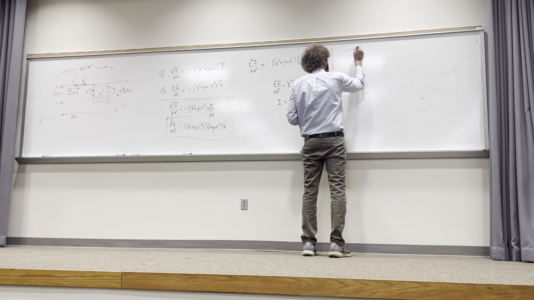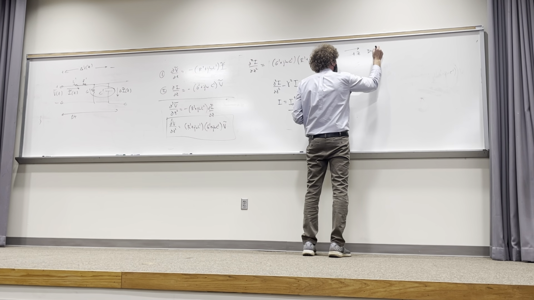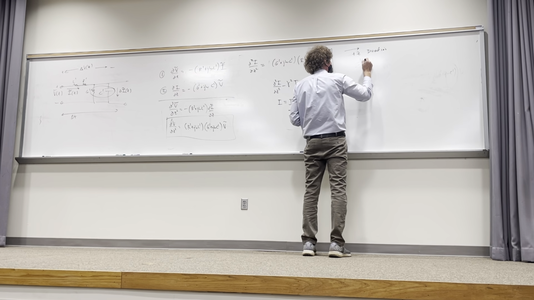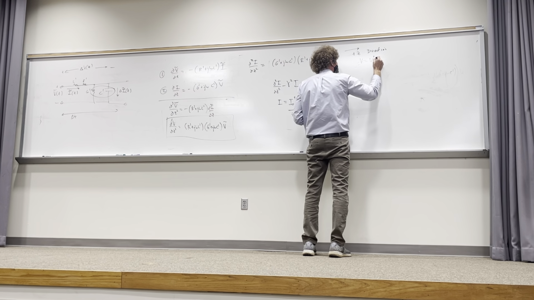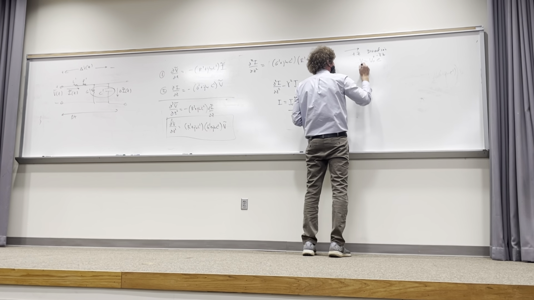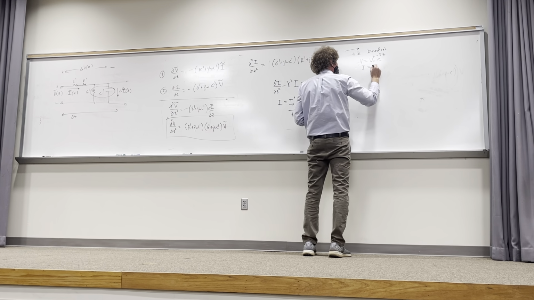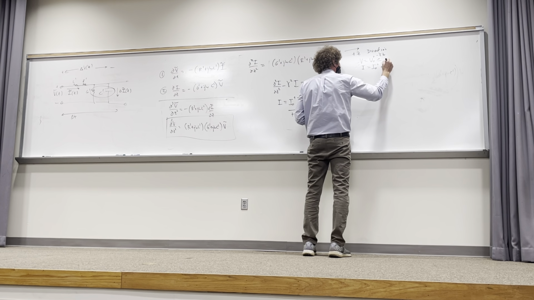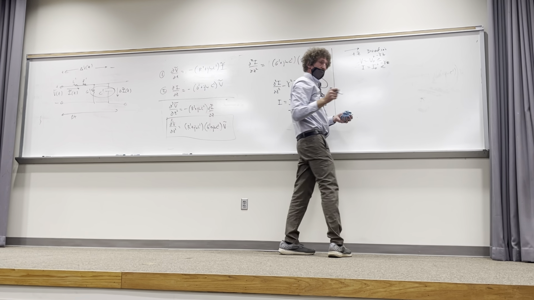So I'm only going to look at waves in the plus z direction. That means my V is some V0 plus e to the minus gamma z, and my I is some I0 plus e to the minus gamma z. Y'all follow me on this?